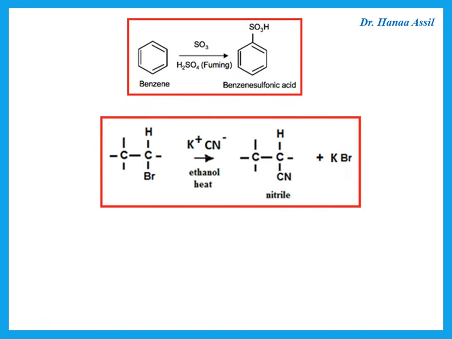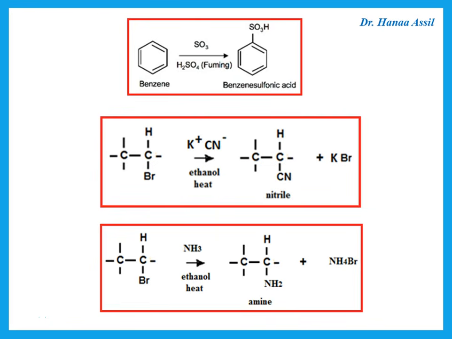What if I want to prepare a nitrile? Remember we said we may need a nitrile in order to add a new carbon to the chain. So from the halogenoalkane, I can react it with potassium cyanide in ethanol. This puts a nitrile group, a CN group, on the chain, so I'm adding an extra carbon.